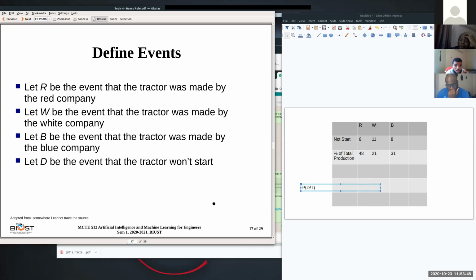So now let's move on. R is the event that the tractor is from the red line, W the white line, and B the blue line, and D is the event that the tractor is defective.